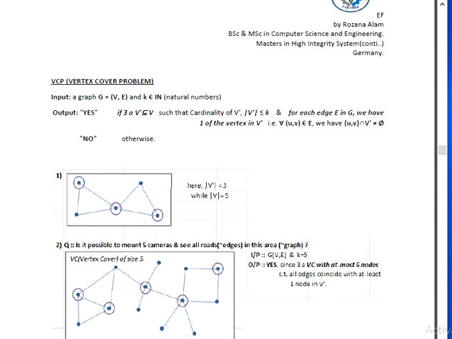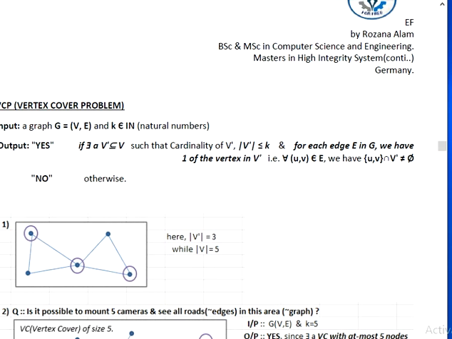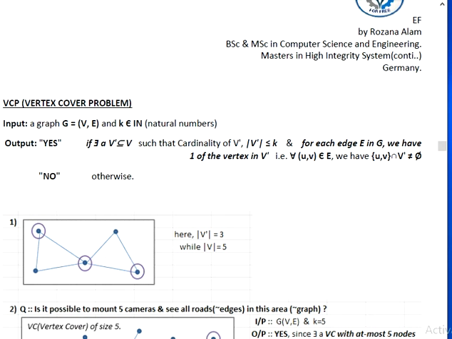The output will be yes if there exists a subset of vertices B such that the cardinality of B is less than or equal to K, and for each edge E in the graph, we have at least one vertex in the cover.